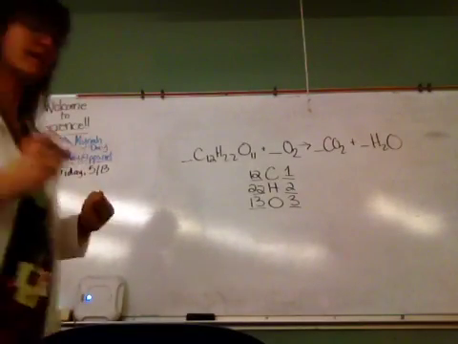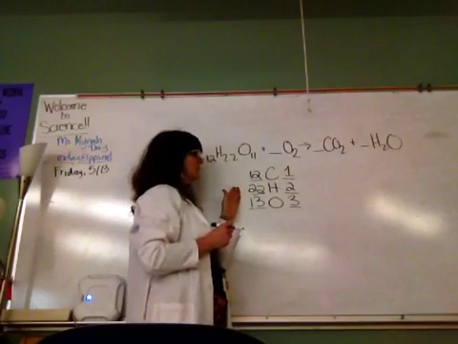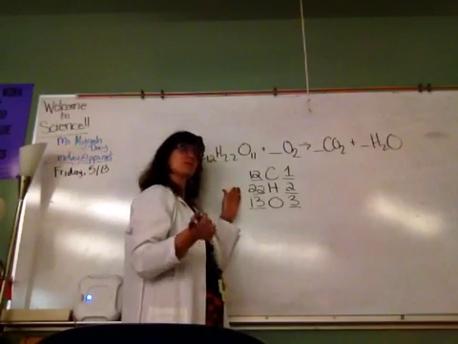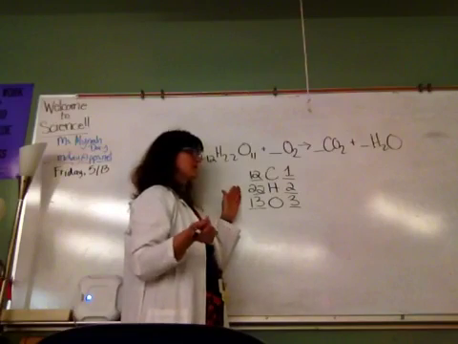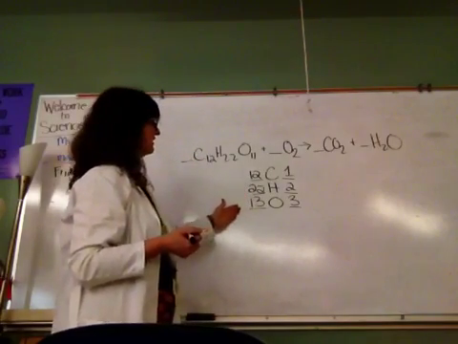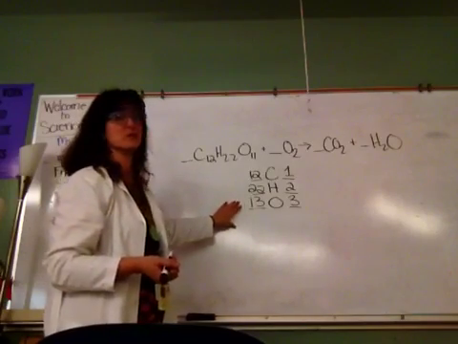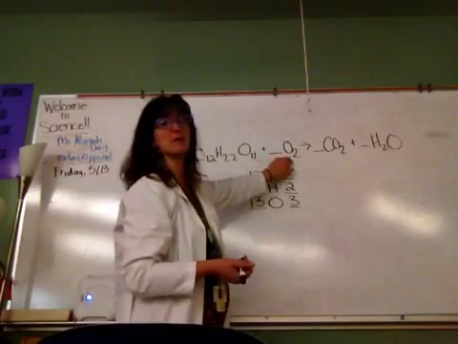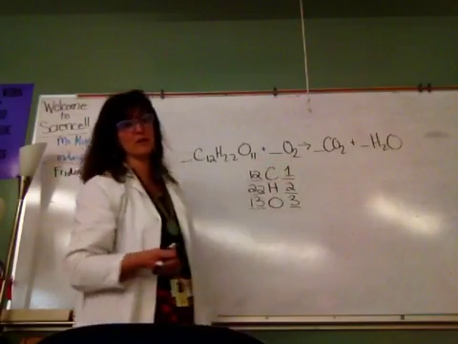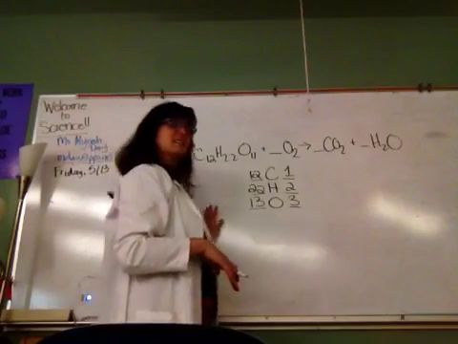So this is where we have to step back and think, alright, maybe we can just try this out. We can try the one that is not an odd number first. It really doesn't matter which way you go first, as long as you start somewhere. You can start here, you can start here, you can start here. I recommend that you leave oxygen, or any monoatomic atom on its own, until the end.